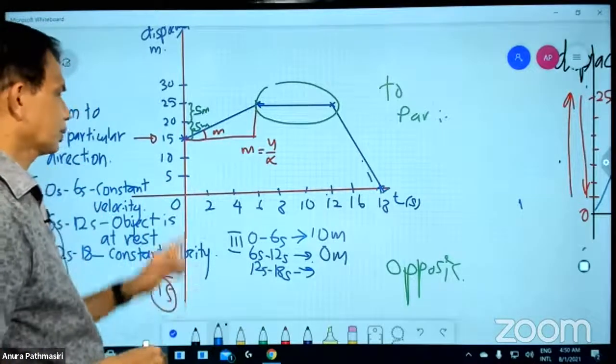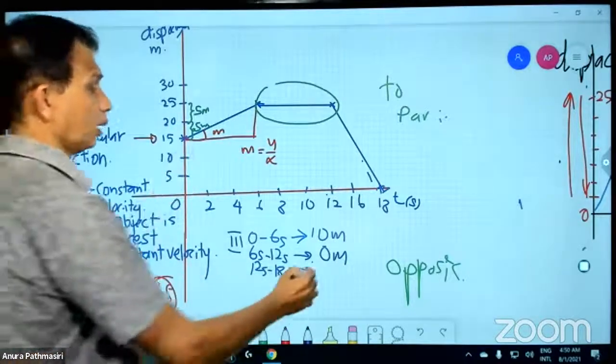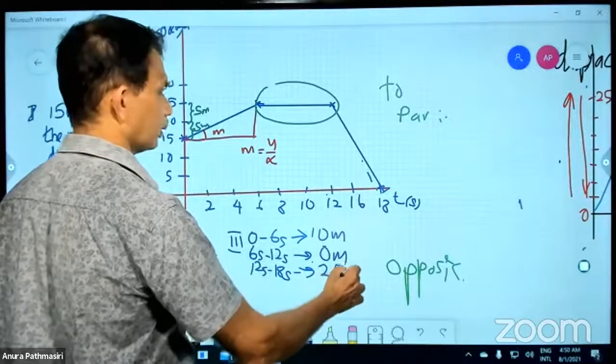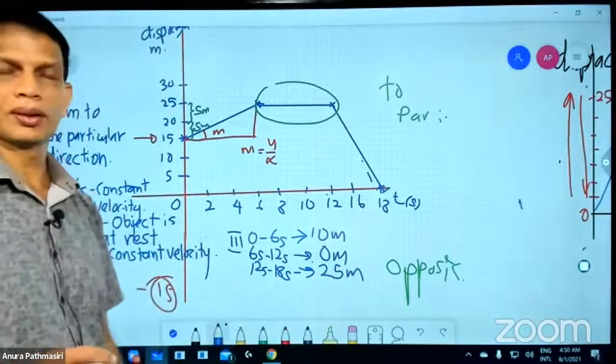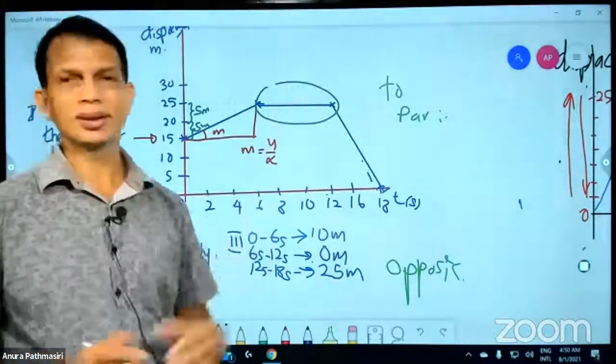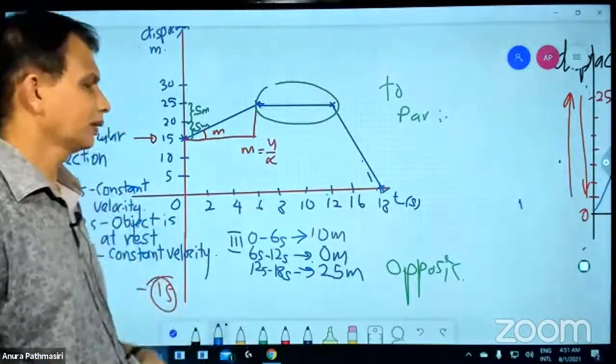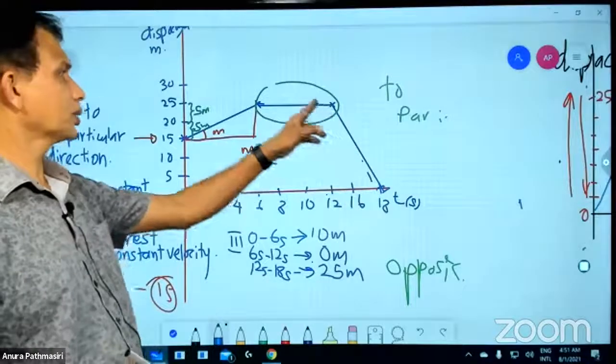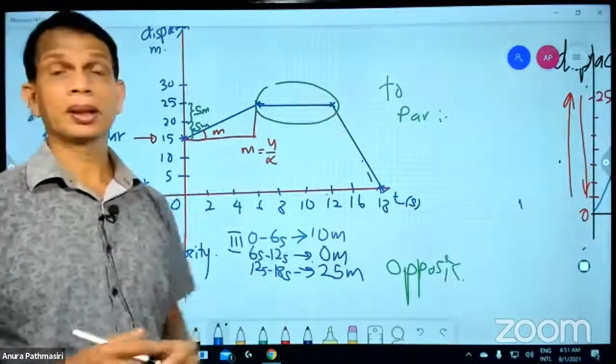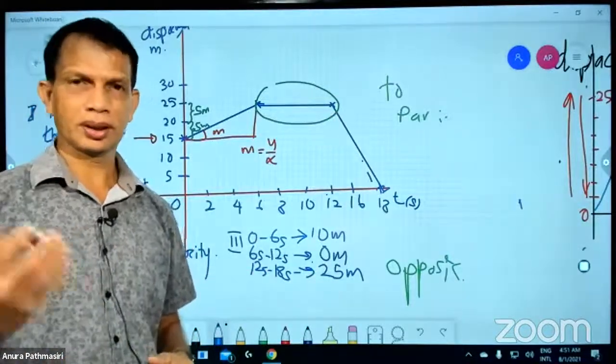25 meters. It went 25 meters. So then what is the total distance it traveled within the whole period of time considered?